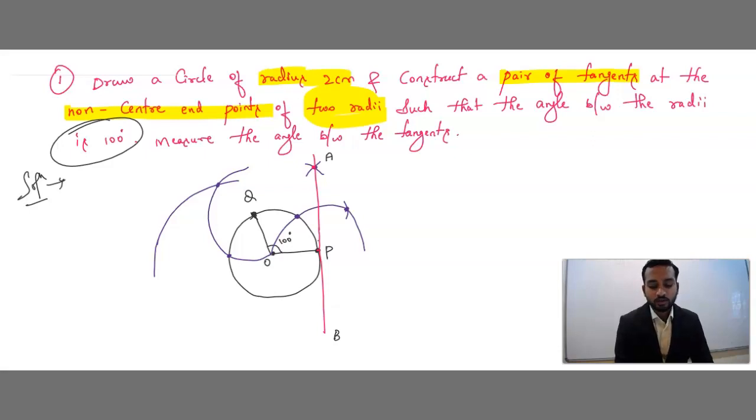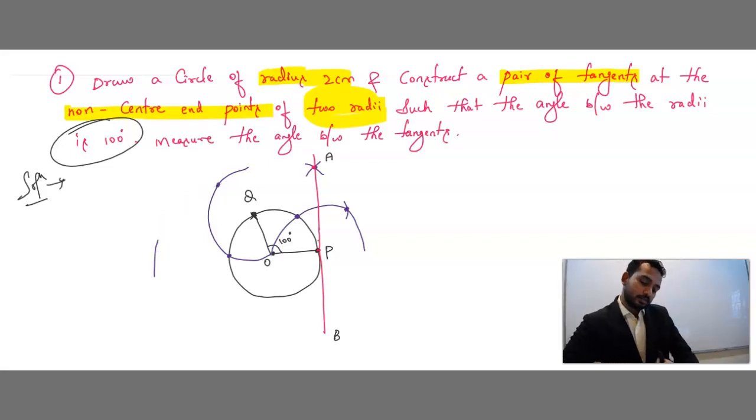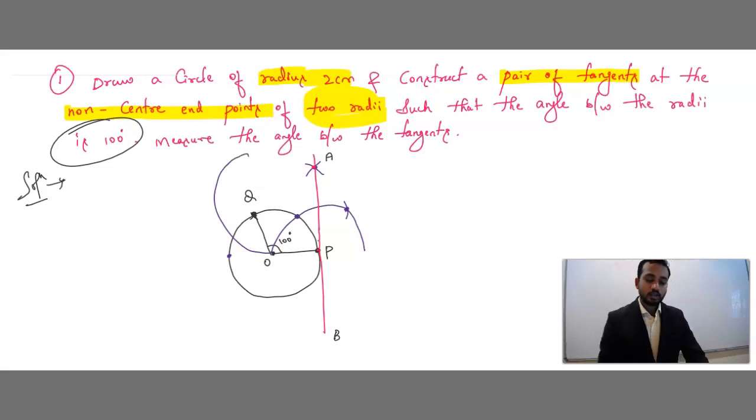After that, what we can do, just a minute, I'll show you once again. If you're getting disturbed, I want to draw the tangent at Q. So what we did, we have drawn one half circle, a semicircle. After drawing the semicircle, let me say this is a point.